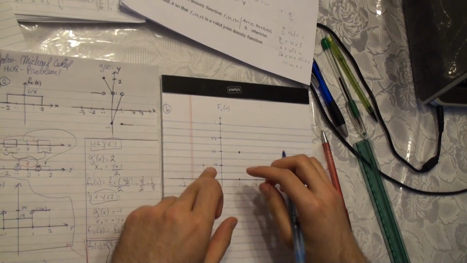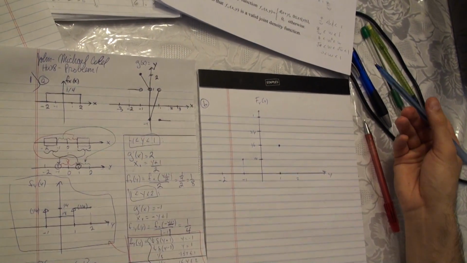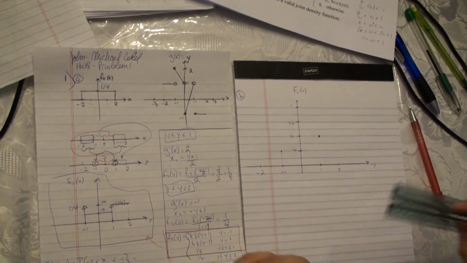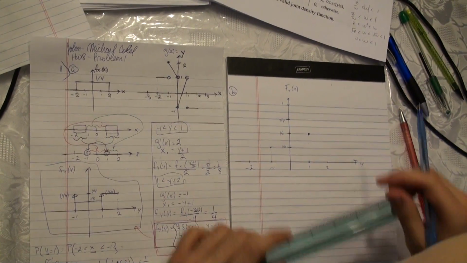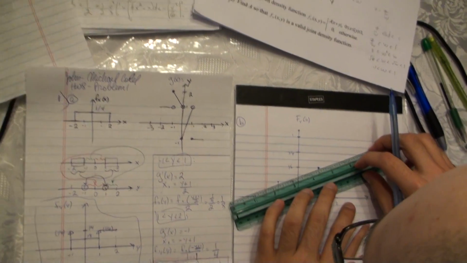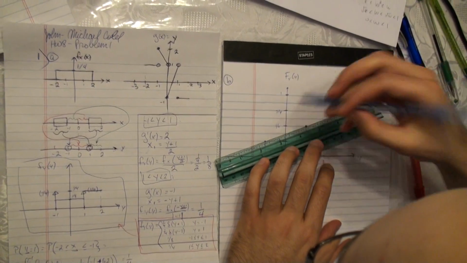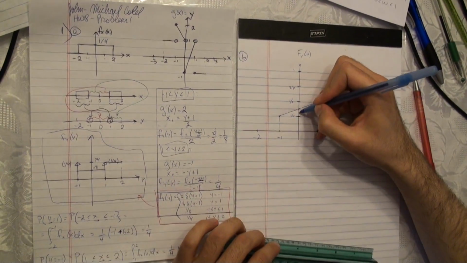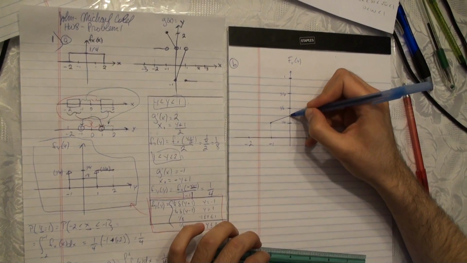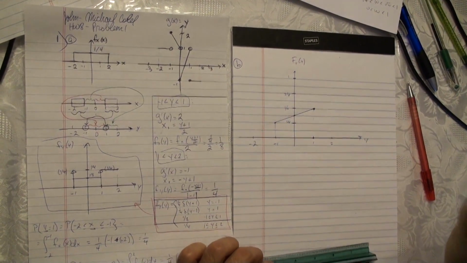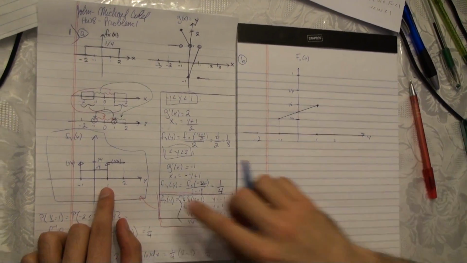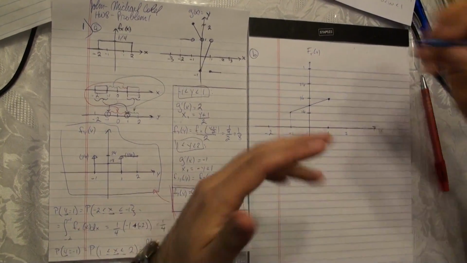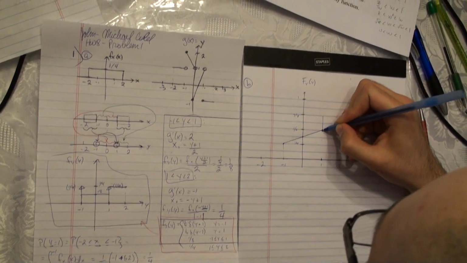But the line is going to have slope of 1/8. So let's draw that. Draw like this. And it's going to cross this axis at this point here. Now at 1 we have another delta, so it's going to jump up by another 1/4. So it goes up here.